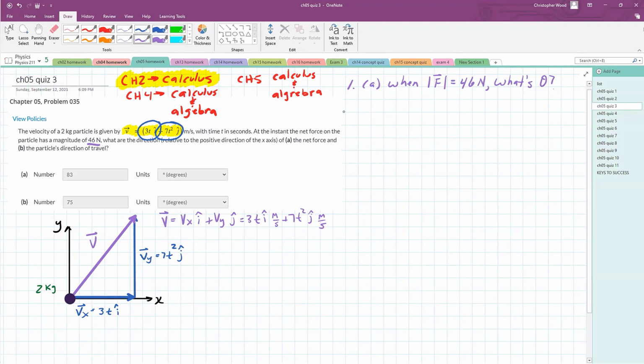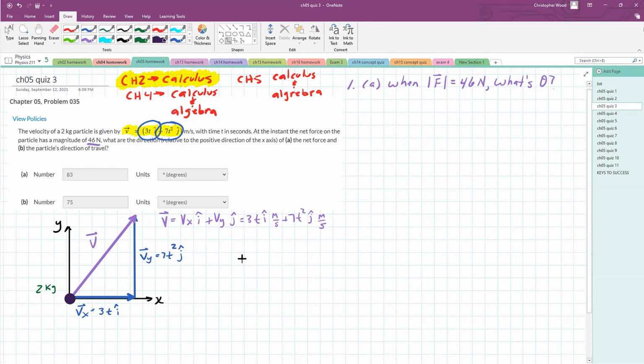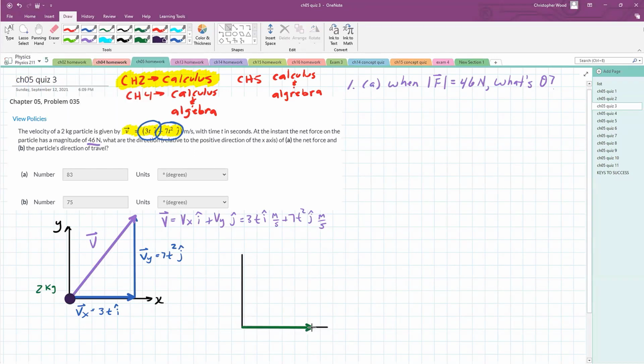So I should probably draw another visual, and you'll do this on the exam, you'll draw supplementary visuals like this. I'm thinking, well, at some point, let's just say, for the sake of conversation, I don't really know the true directions, but conversationally, this could be the x component of my force vector and the y component. So this would be the y component of the net force. This would be the x component of the net force. X and y are perpendicular by definition. So this would be my net force, first tail to last head.